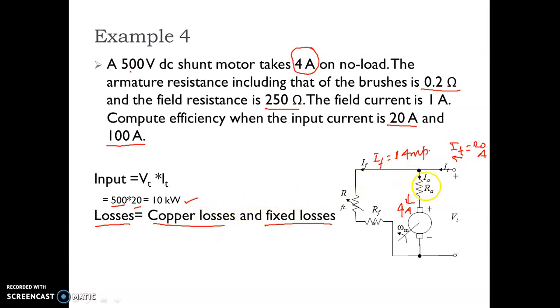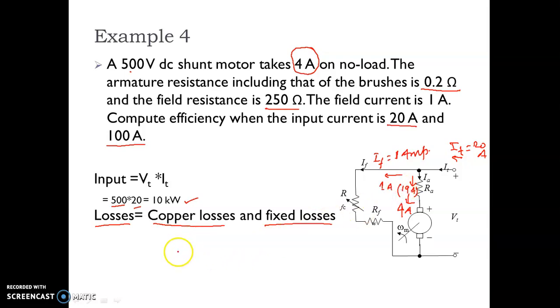In the armature resistance. 4 ampere is the no load current. But when motor is running and load is applied, 20 ampere is coming, 1 ampere goes to the field. So how much remaining current will go to the armature? 19 ampere.